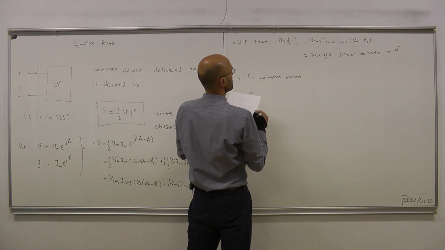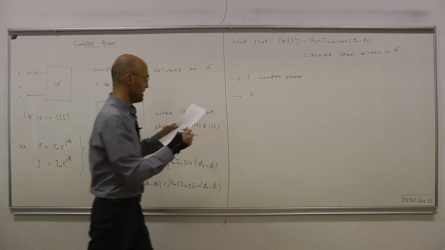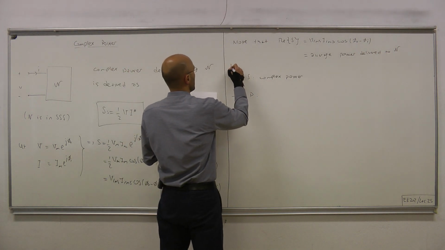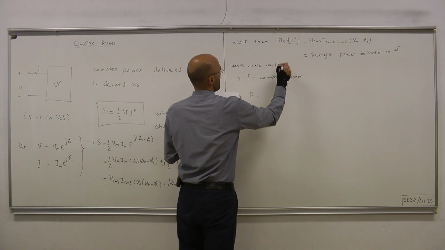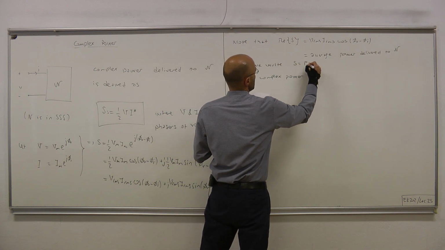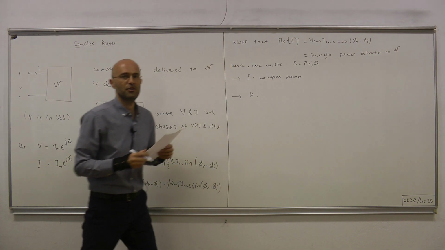average power delivered to N. So what we do is, hence we write from now on S equals P plus jQ.